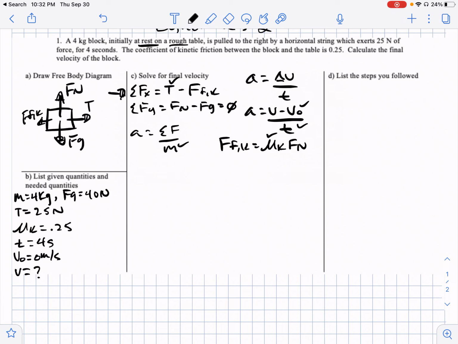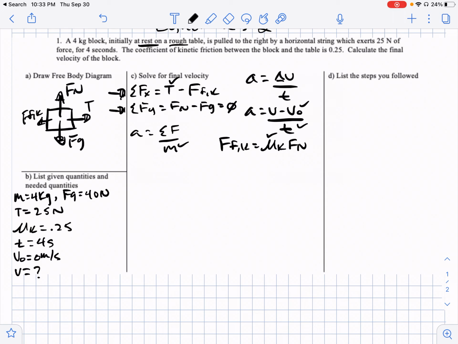My normal force, the problem didn't directly state it, but because we're balanced vertically, as indicated in this net force equation, we can solve for the normal force. So that's going to be my starting point. So you always want to write out what's given, make your free body diagrams, make your net force equations, and then you can start looking at all the different equations we have to solve for to find our starting point.